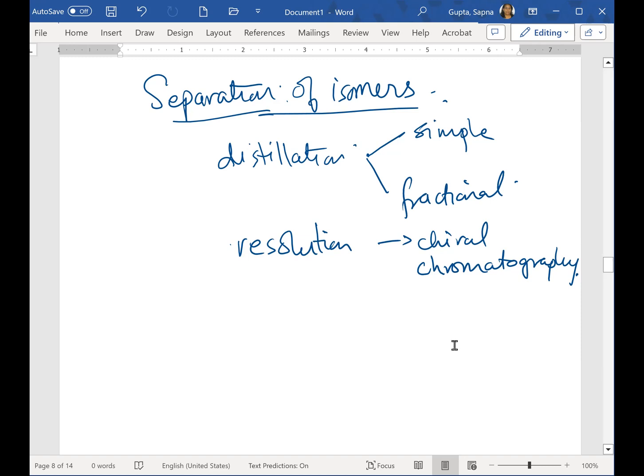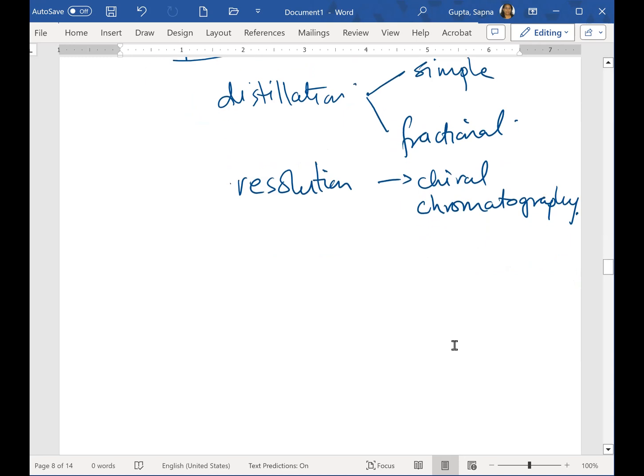Now I want to talk about some of the other reactions I mentioned. This was the first reaction, the substitution on alkanes. Now I want to talk about the substitution on alkene, and the substitution on alkene was actually the allylic substitution.